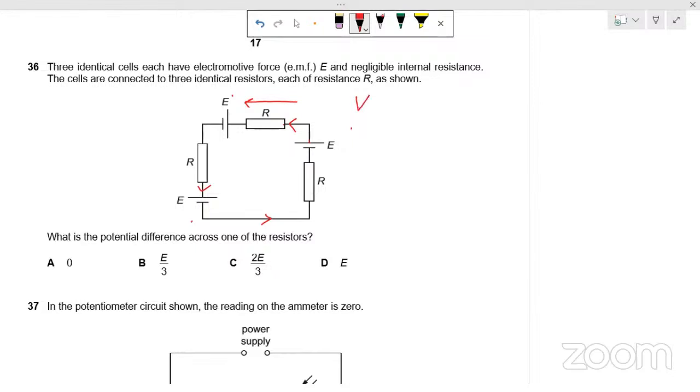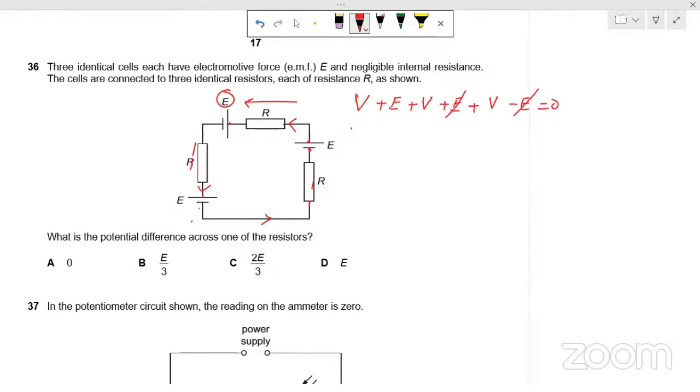Let's say this is V and that is positive. Then from high to low, that is E in this case. Then from high to low, that is V. Then from high to low, that is E. Then from high to low, that is V. Then from low to high, that is minus E, equal to 0.